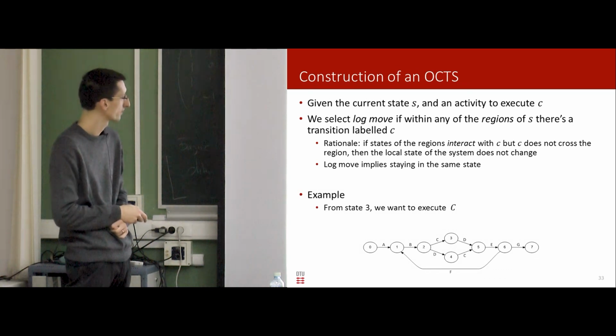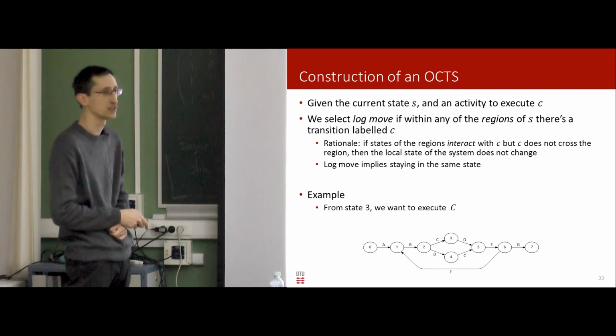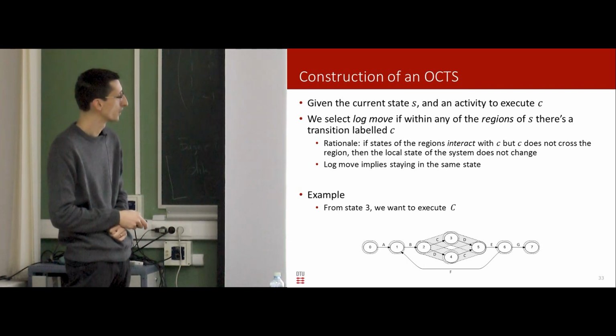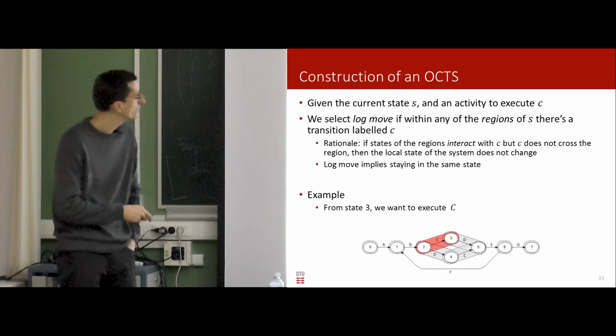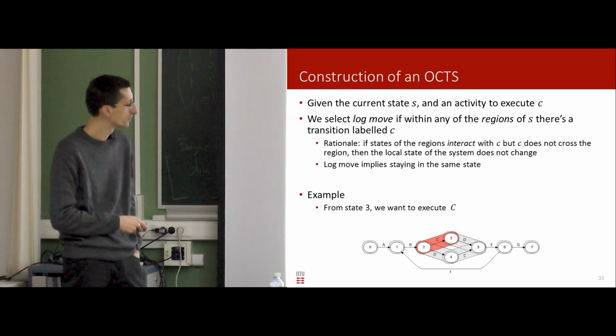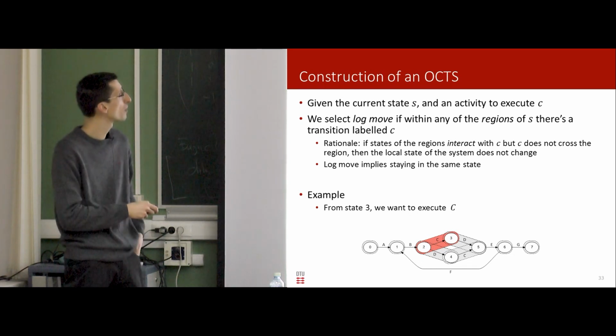So let's see an example. Let's say we are in state number 3 and we want to execute C. Okay? So if we highlight all the regions of the transition system, these are the regions. And actually we do have one region which fulfills this property.